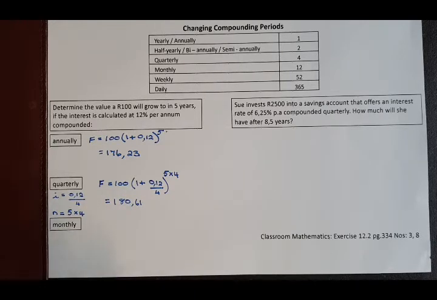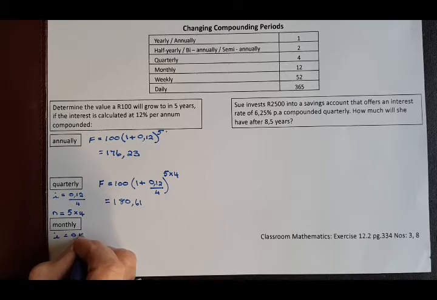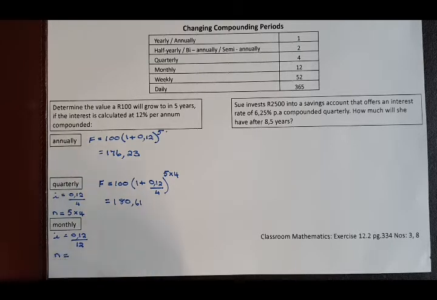If we were to work out the interest compounded monthly, our interest rate would be 0.12 divided by 12. Our number of calculations, it's still 5 years, but this time in 1 year we are doing 12 calculations.